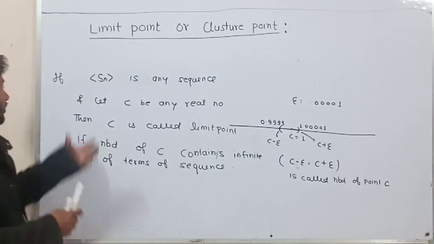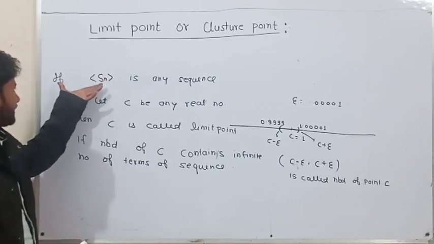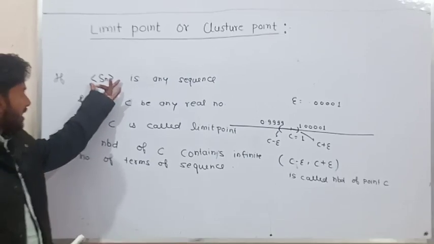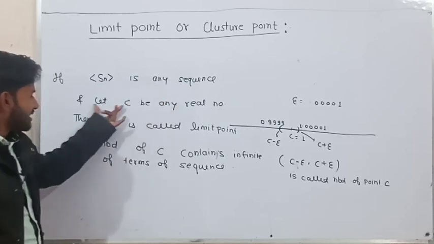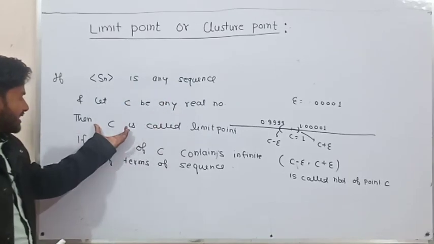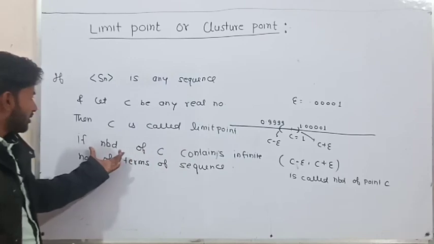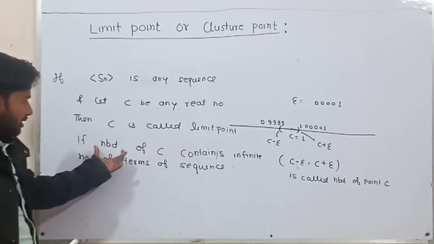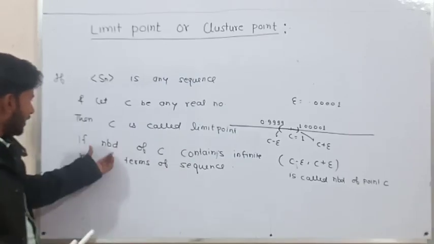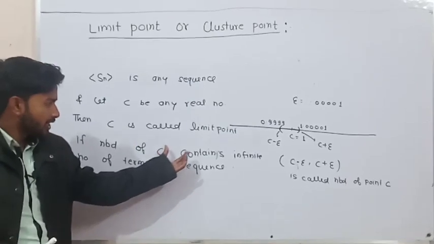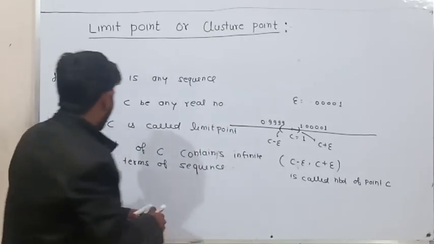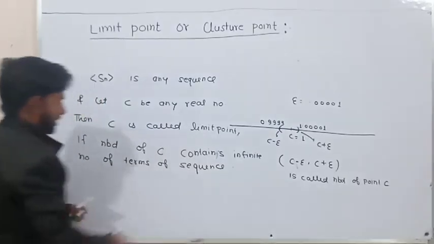So the definition of a limit point of any sequence is: Sn is any sequence and let C be any real number, then C is called a limit point of the sequence if the neighborhood of C contains an infinite number of terms of the sequence.